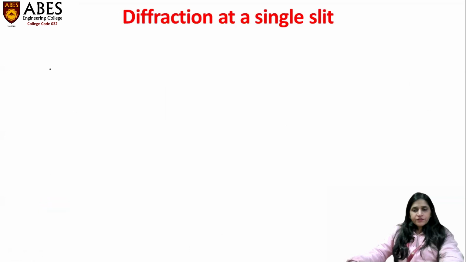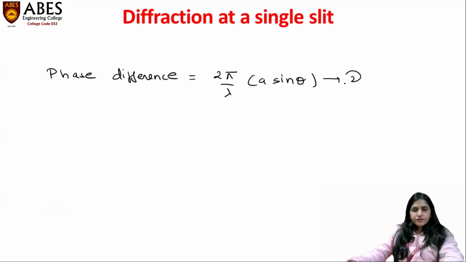The phase difference is equal to 2 pi by lambda into A sine theta, because the relation between path difference and phase difference is 2 pi by lambda into path difference. Now let the slit AB be imagined to be divided into a large number n of equal parts.